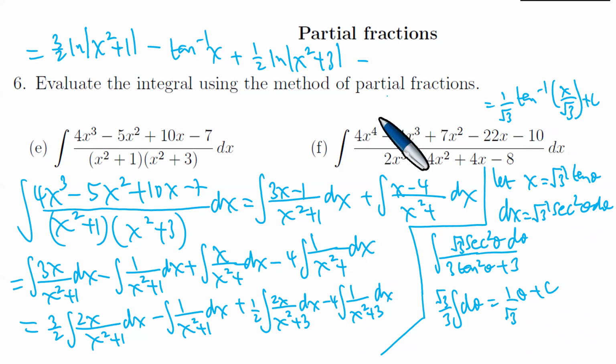But we have the minus 4 here, which is going to be minus 4 over the square root of 3 arctan of x over the square root of 3 plus c. Okay, so check that, but this is the answer anyway.